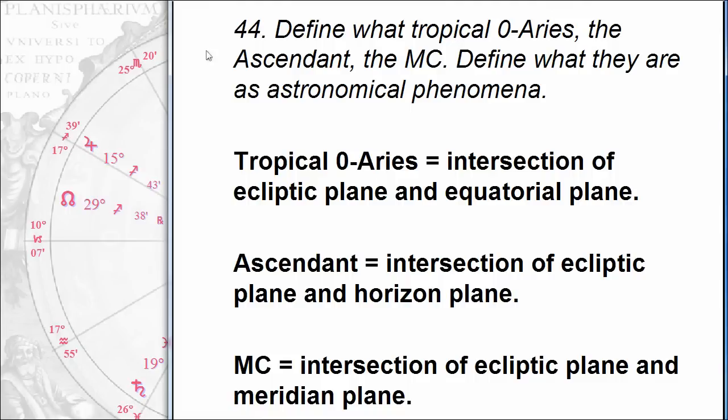Zero Aries, the beginning of the tropical zodiac, is where the ecliptic plane and the equatorial plane intersect. That's what it is. Great circles will intersect at two opposite points, and those two opposite points define the zodiac. They define the beginning and the halfway point, the zero Aries and zero Libra points of the zodiac.